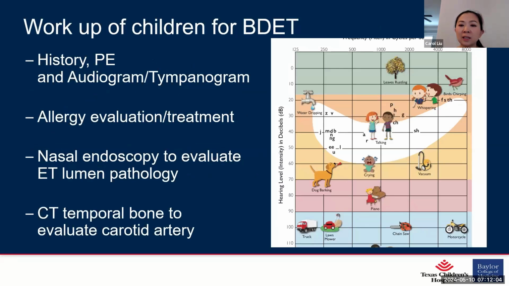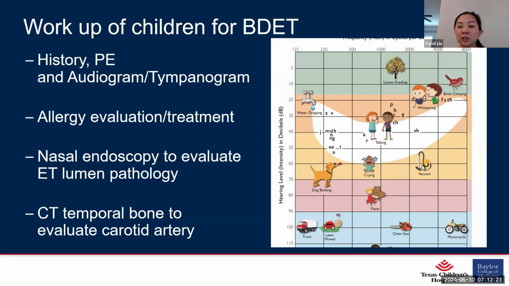So when we work up kids in my clinic to talk about the potential for balloon dilation of the eustachian tube, history is the most important. Selecting the right patient is the hardest part.